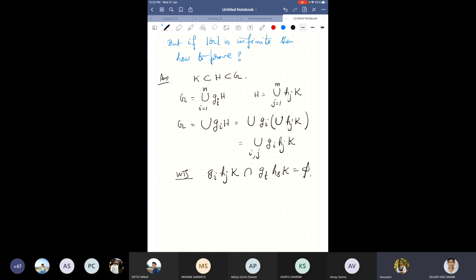Ma'am, could you repeat the previous thing, that G equals the union of g_i H? So G equals the union of g_i H. This is because I am considering that this index [G:H] is finite. There will be finitely many left cosets, so I will be able to write G as a disjoint union of the left cosets of H, say M of them.